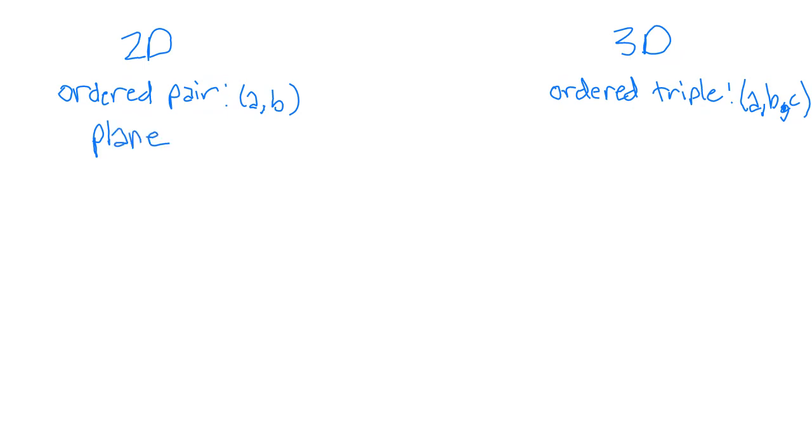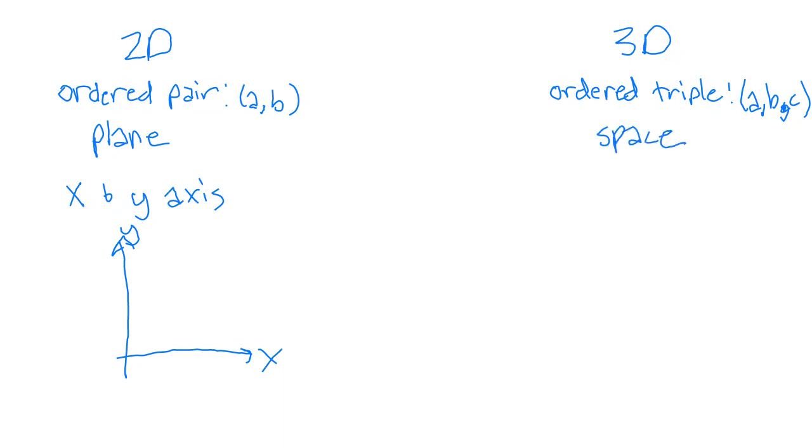We have our X and Y axes, like this. Our points in 2D can only lie within this plane, whereas 3D tells us more about space in general.